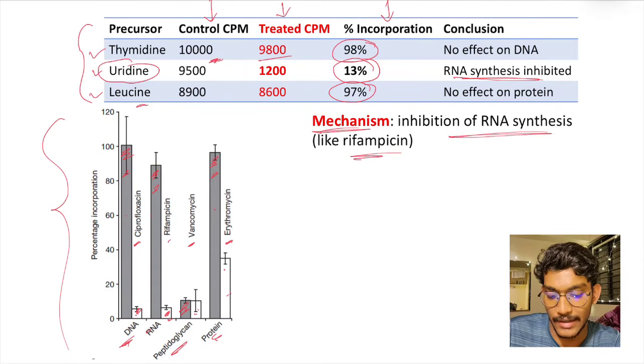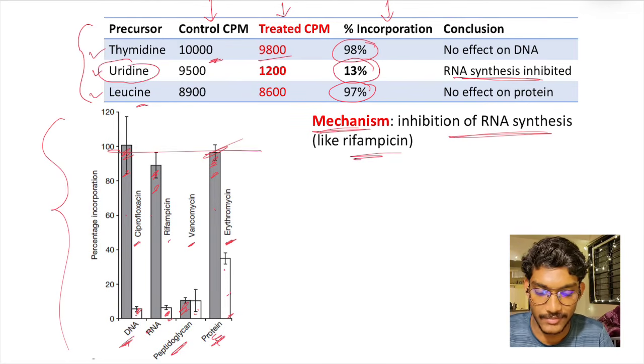But for the unknown drug, the RNA incorporation has not decreased. For protein synthesis, erythromycin inhibits protein synthesis, therefore incorporation of radio-labeled amino acid has decreased. But for the unknown drug, there is no substantial decrease, almost near 100%.